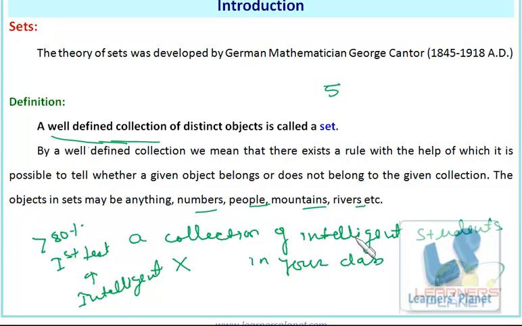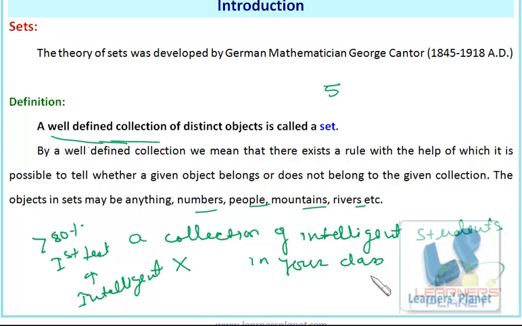Or maybe I can put up more examples. Most beautiful ladies, or beautiful actresses in Bollywood, right? Now again, there is no criteria for beauty, right? Maybe you say fair color, maybe you say tall, maybe you say big eyes or whatever, but there is no specific criteria.